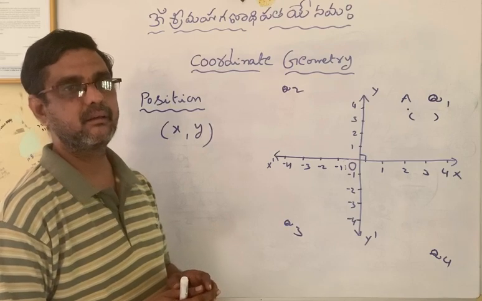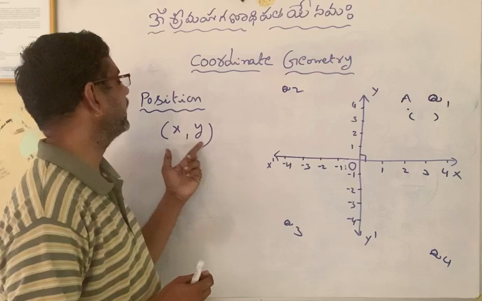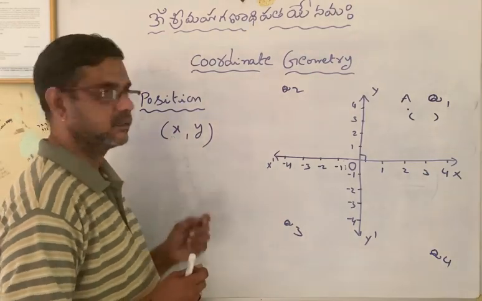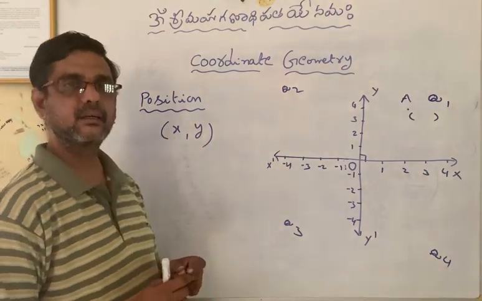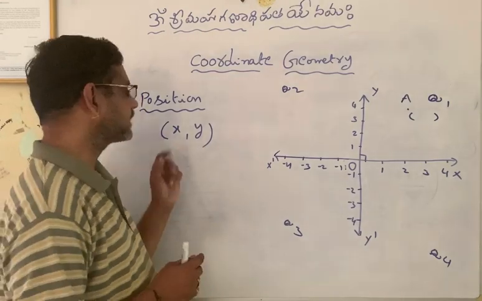Once again I am repeating. The position of a point, the general form is x comma y. This x we will call the x coordinate and y we will call the y coordinate. So what is the x coordinate?